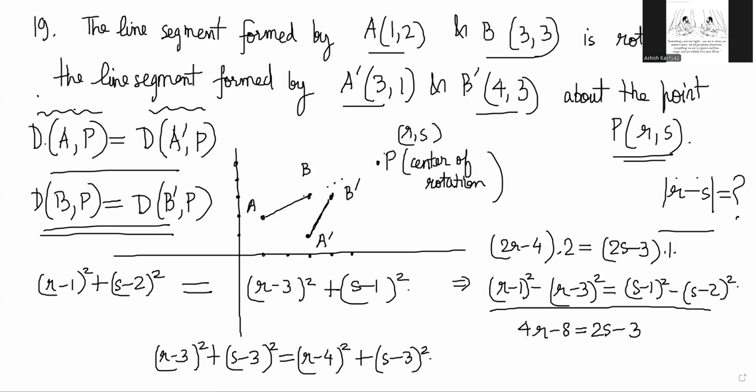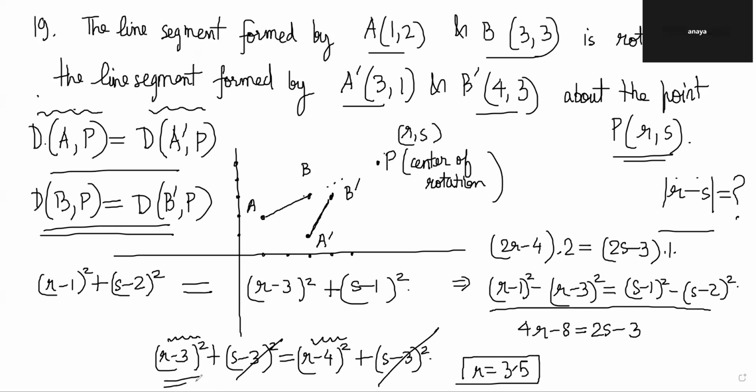So this s minus 3 whole square is getting cancelled, and we are getting r minus 3 whole square is equal to r minus 4 whole square. So r is 3.5 obviously from here, right? Do you understand why r is 3.5?